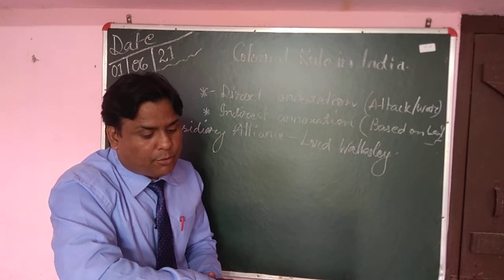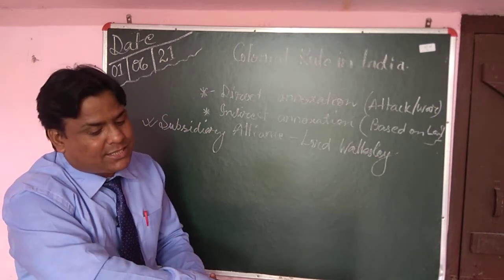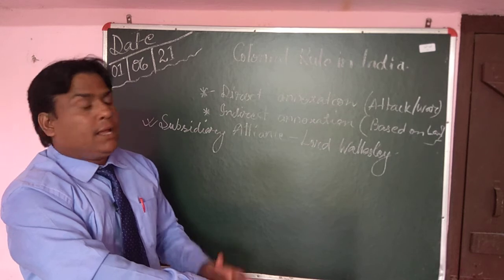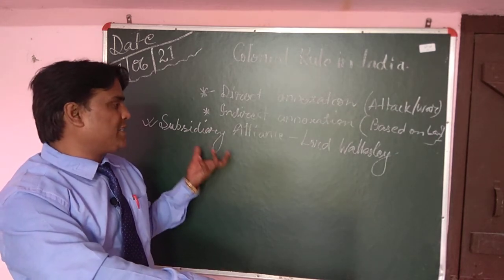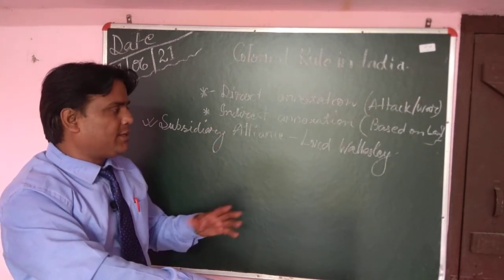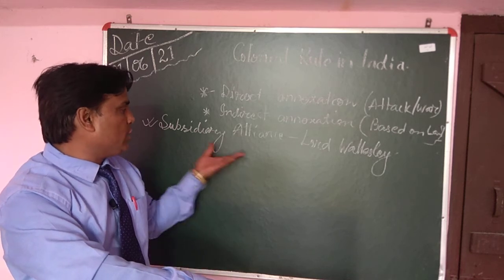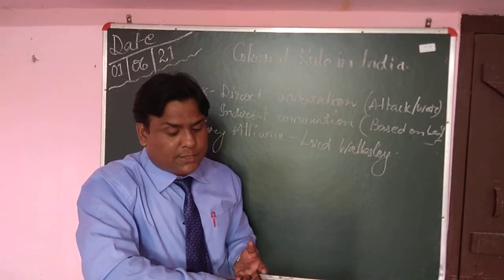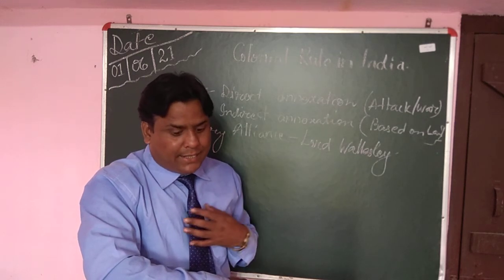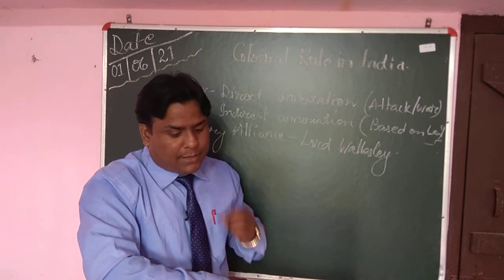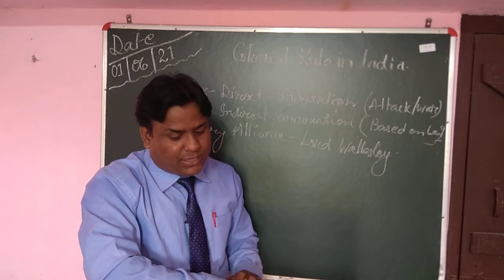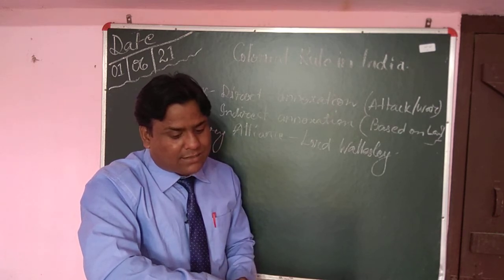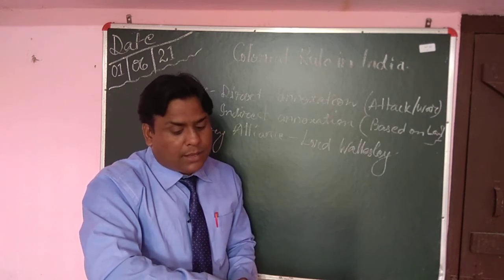The main provisions of that system included these. So what were the main prospects and the key points? What were the things that were included in this subsidiary alliance? There were conditions. The British agreed to maintain a permanent and fixed military troop within the territory of their ally to fight the rivals of the ally.